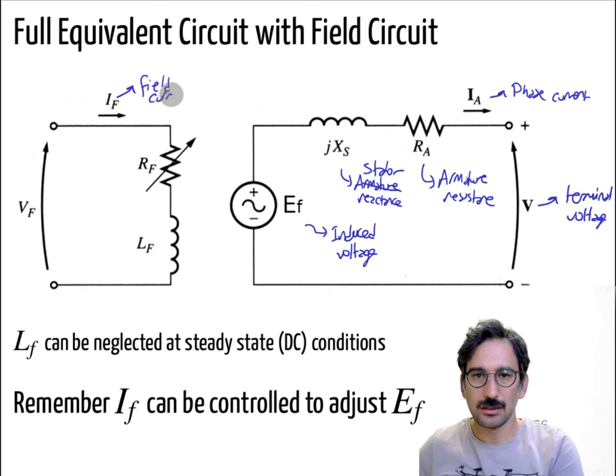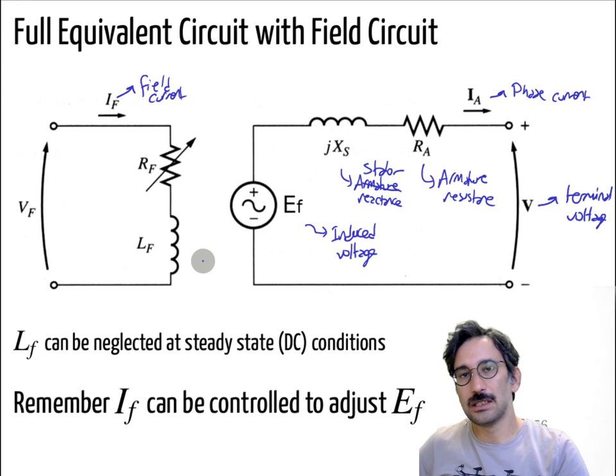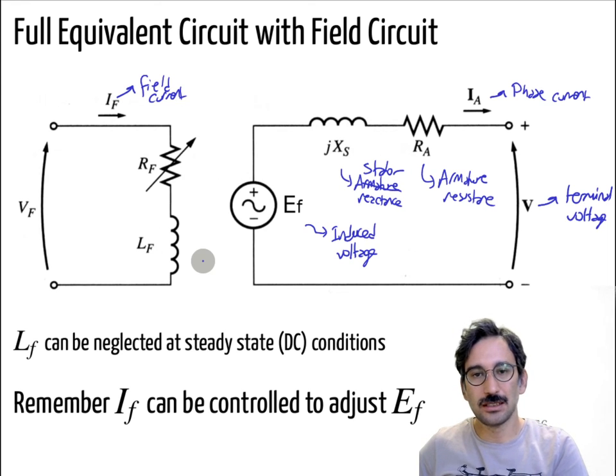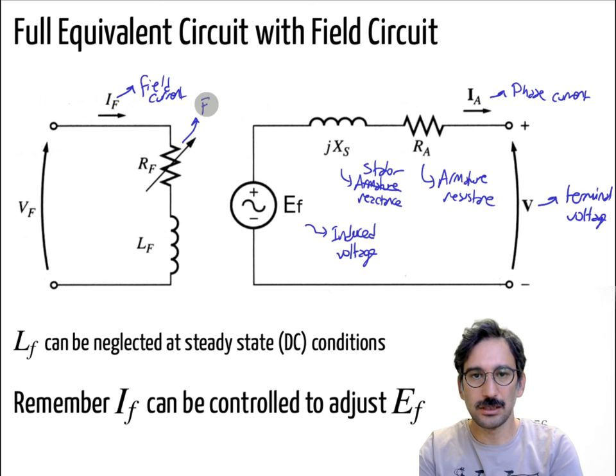And then this is your field current. In the very simple model, we omitted the field current side, but normally you have some field resistance and there will be some losses on that part as well.